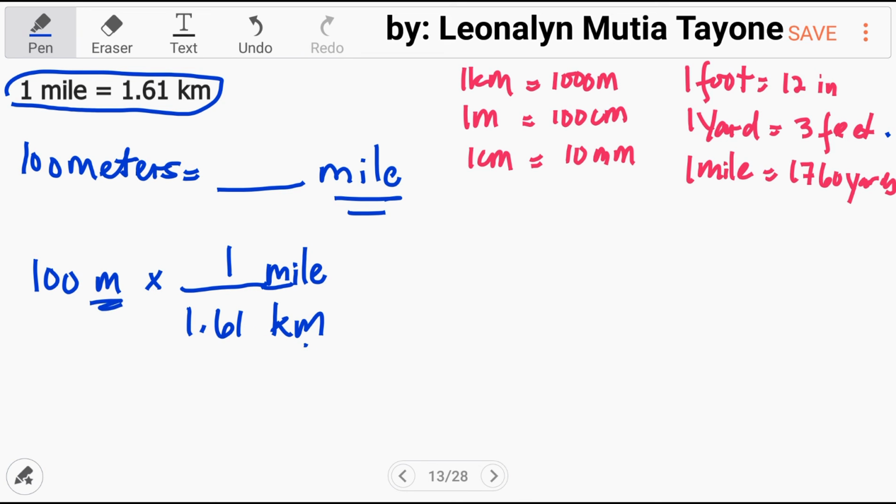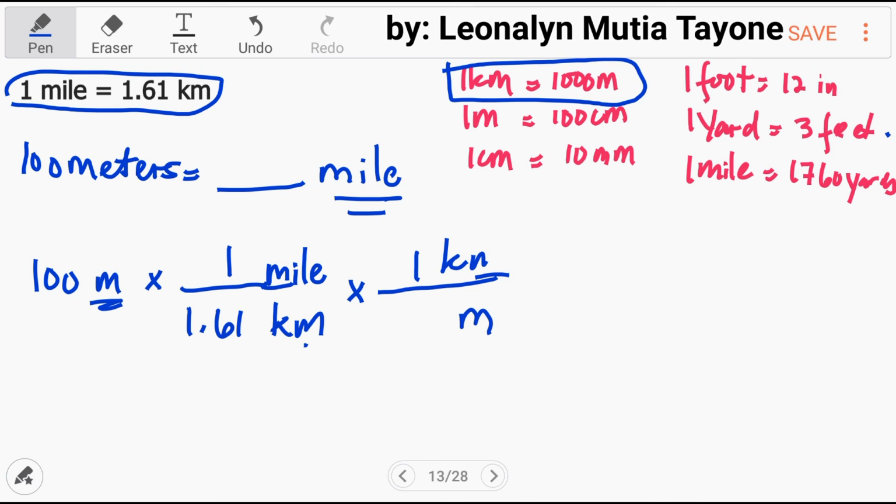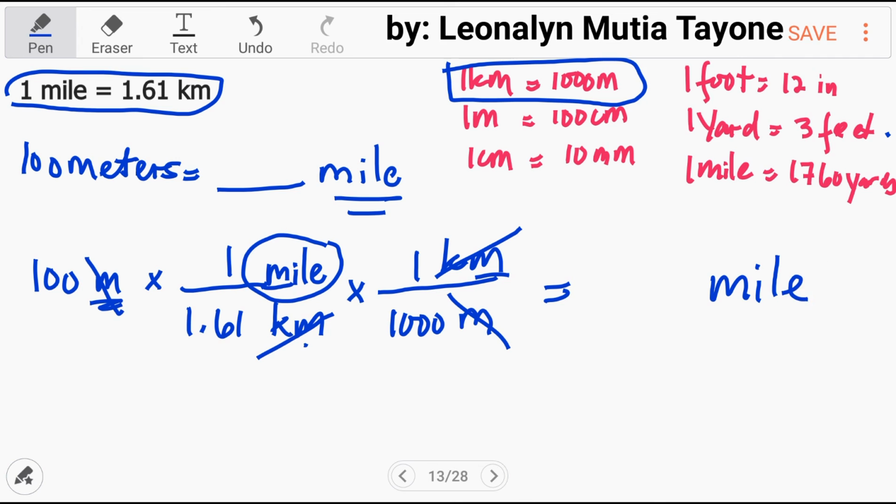Pero ang nandito ay meter. So, yung meter na yan, i-cancel naman natin si meter. 1 kilometer is equals to 1,000 meters. So, itong kilometer na to, ma-cancel out natin yan. Itong si meter naman ay ma-cancel out natin yan, numerator to denominator. Ang matitira mo na lang ay yung miles.